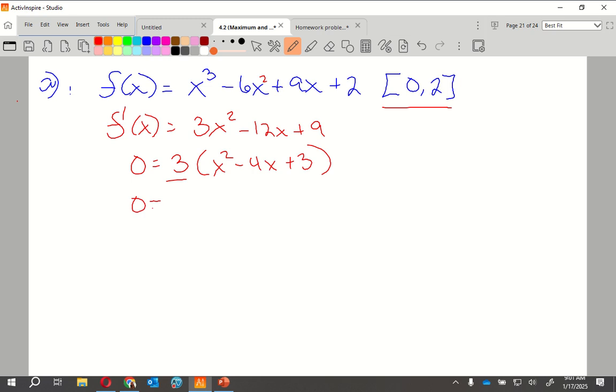So 0 equals the quantity x minus 3 times x minus 1. Zero product property gives me that x is equal to a positive 1 and x is equal to a positive 3.